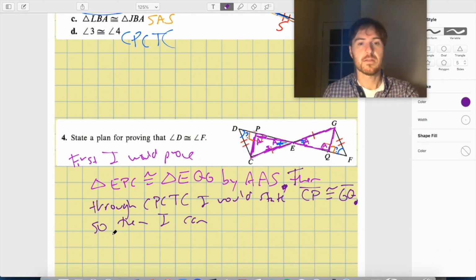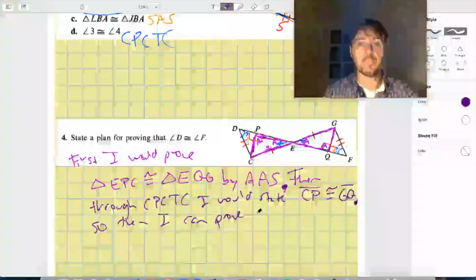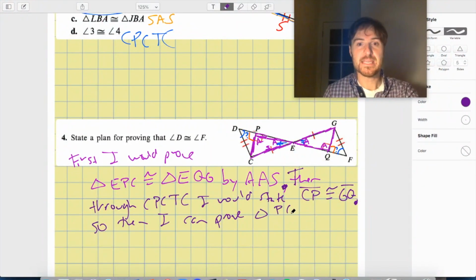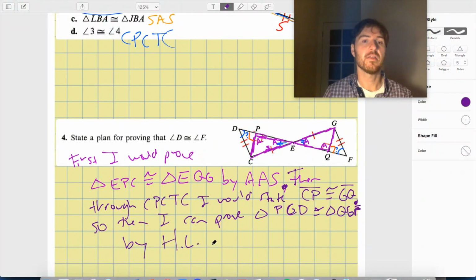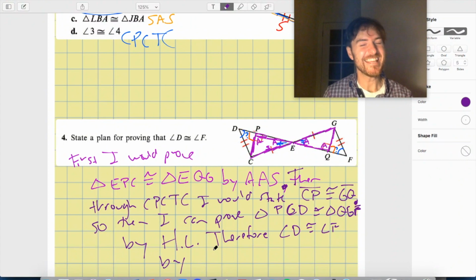Okay, so then I can prove triangle PCD congruent to triangle QGF by HL. And then I can say at the end, therefore, angle D is congruent to angle F by, you guessed it, CPCTC.